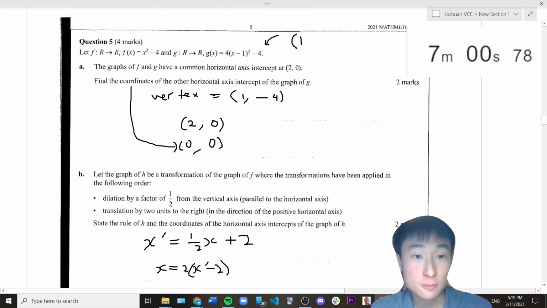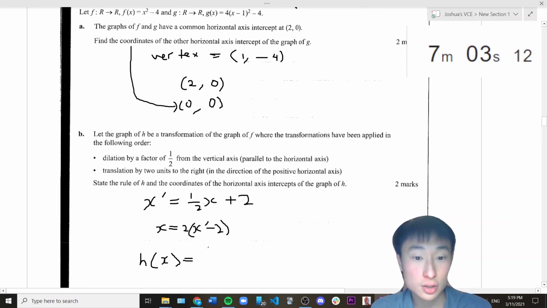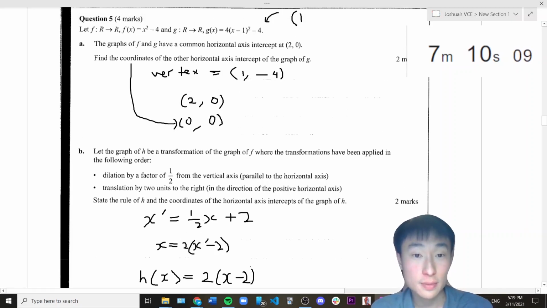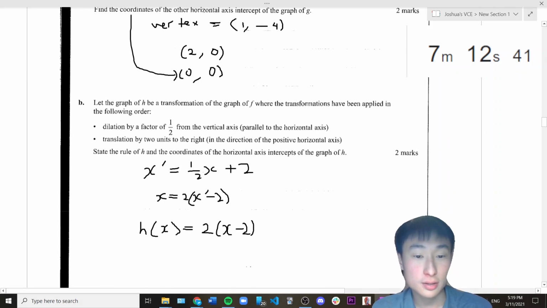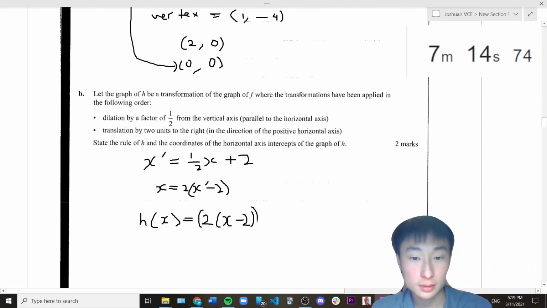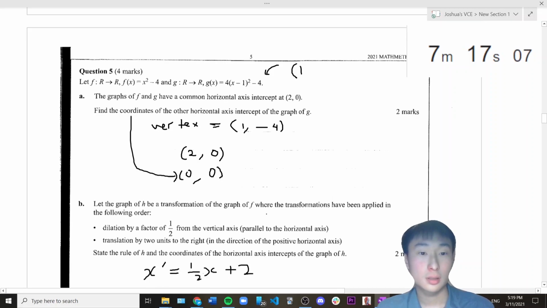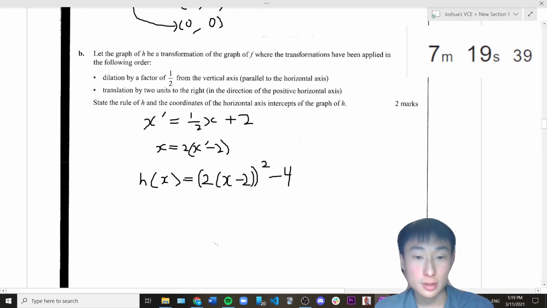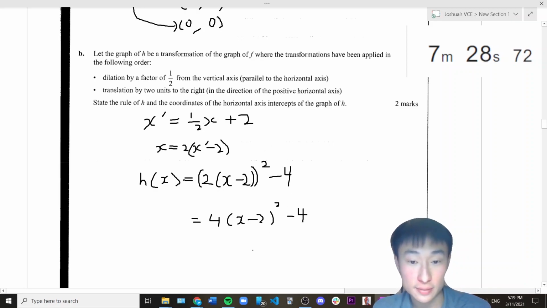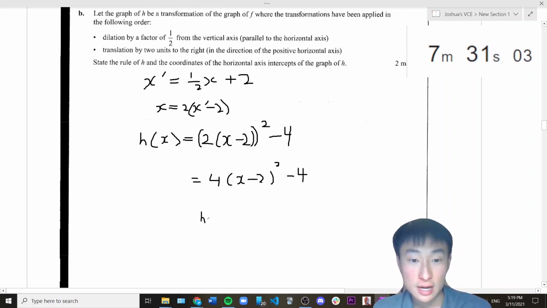Okay, so I sub this back in, I get 2 times x minus 2, squared, minus 4. So then I get 4 times x minus 2 squared minus 4. And according to the horizontal axis intercept, I just make that equal to 0. h of x is equal to 0.